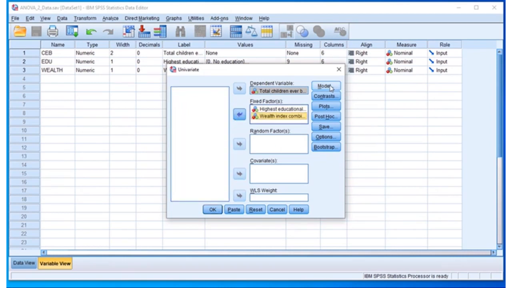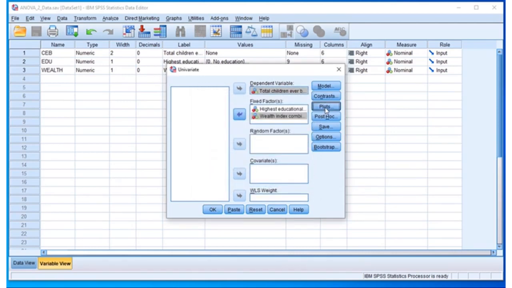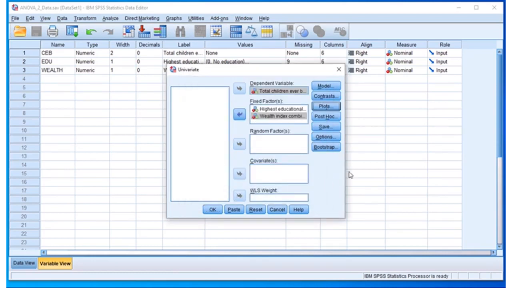Keep the model as it is. Contrast you can keep as it is, as none. Plots are required. Education takes the horizontal axis and wealth index the separate lines, add for the interactions and click continue.